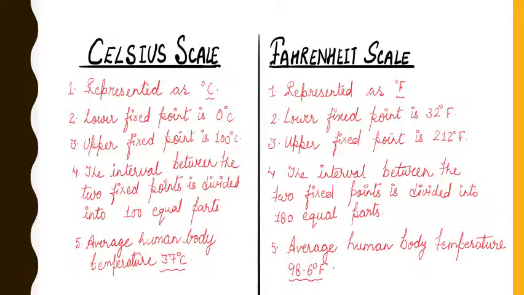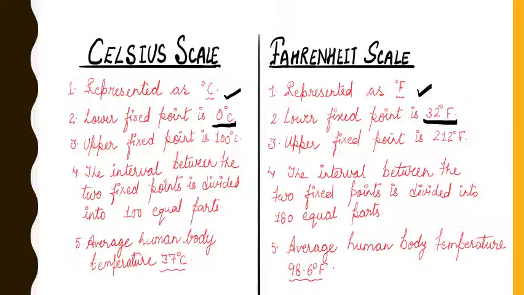The differences between the Celsius scale and the Fahrenheit scale are, first, that it is represented by degree centigrade, degree with capital C, whereas it is represented as degree Fahrenheit, degree with capital F. The lower fixed point in the Celsius scale is 0 degrees Celsius, and in the Fahrenheit scale it is 32 degrees Fahrenheit.